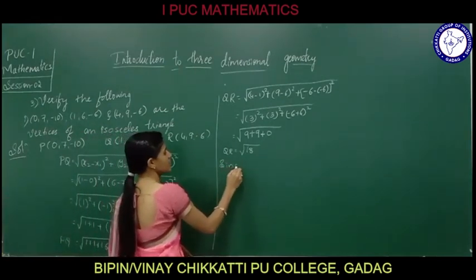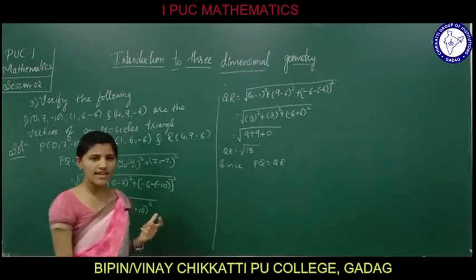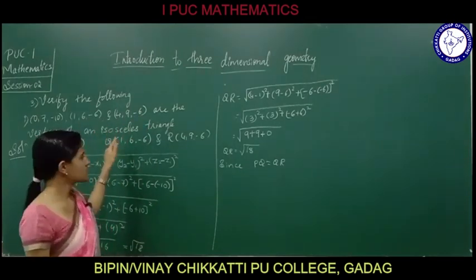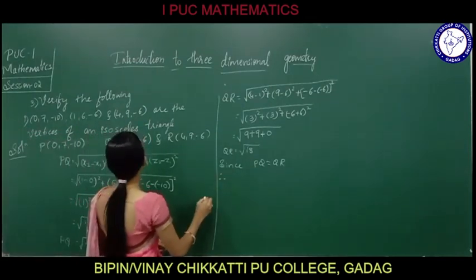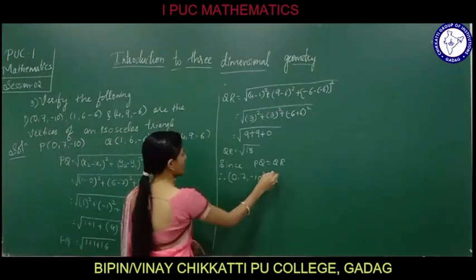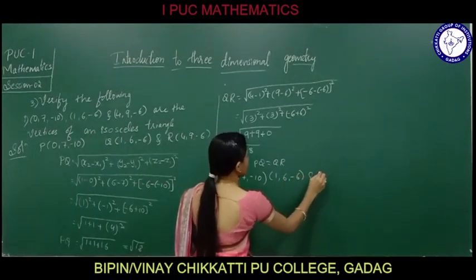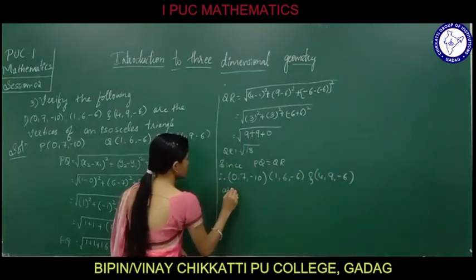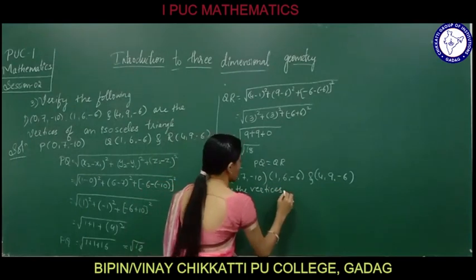Since PQ is equal to QR, two sides of a triangle are equal, right? Therefore, these are the vertices of an isosceles triangle. Therefore, what we can say? (0, 7, -10), (1, 6, -6) and (4, 9, -6) are the vertices of which triangle?